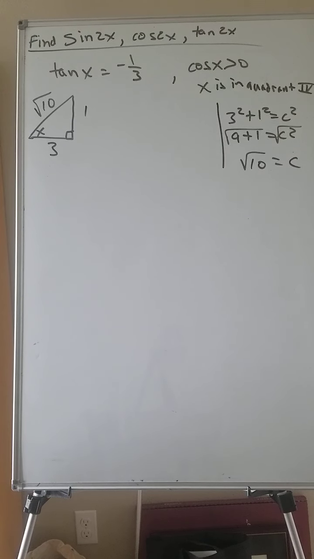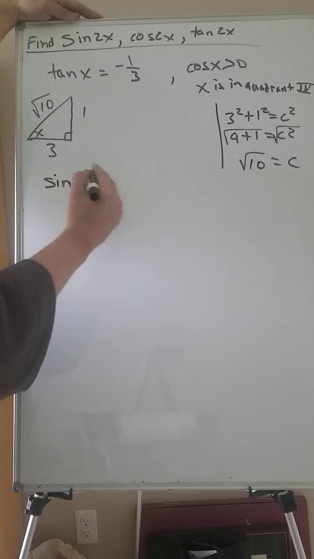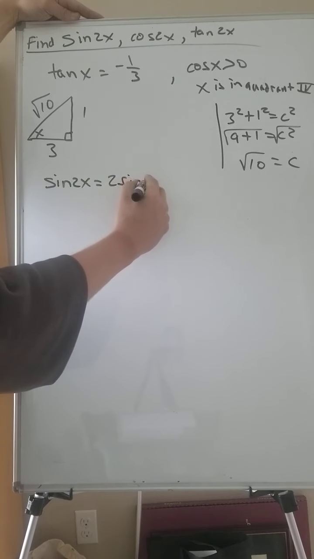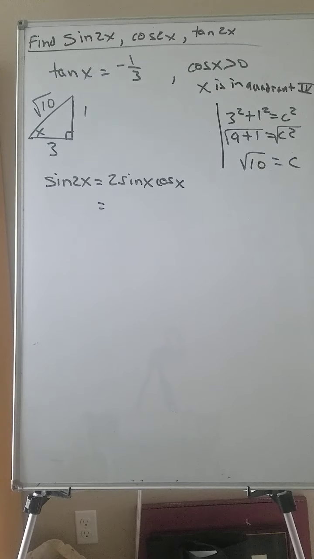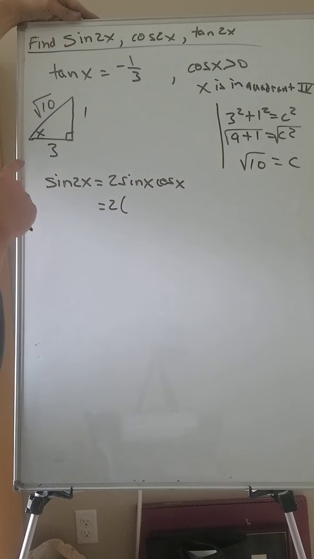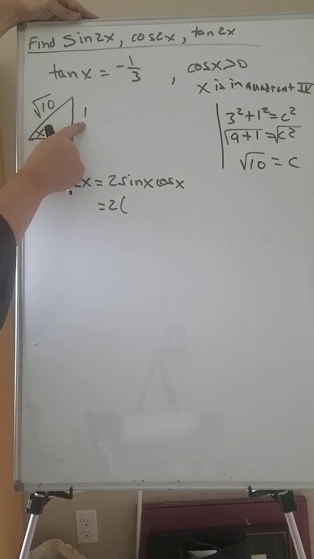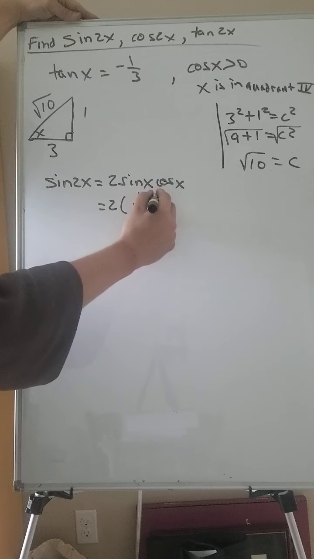So, just like the other problems, I need to find sine of 2x, and that's equal to 2 sine x cosine x. So I will replace the sine of x with what it equals. Remember, sine matches up the opposite over the hypotenuse. That's 1 over the square root of 10.